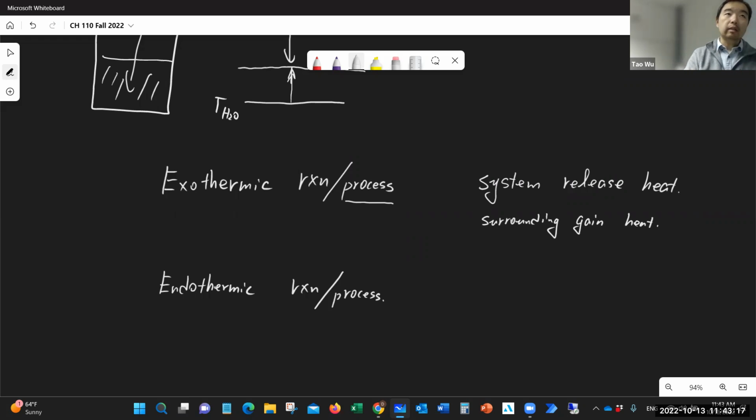Okay, and when we talk about system and surrounding, those two are coupled. If the system is releasing heat, then the surrounding must gain the heat. Those two should be coupled.